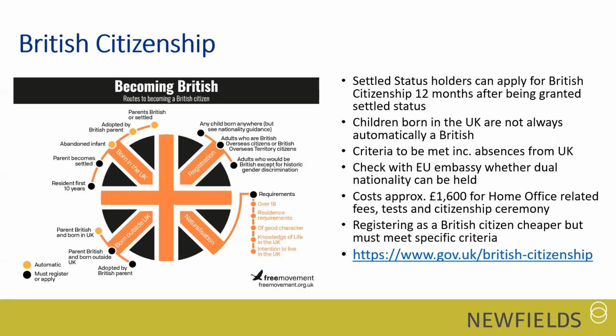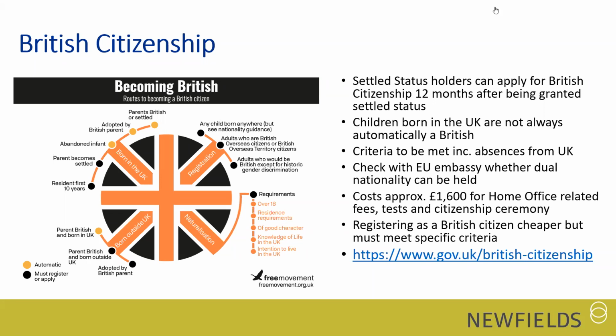I'm not going to go into detail about it today because citizenship law is very complicated and is particularly tailored to an individual's personal circumstances, but in most cases those with settled status will become eligible to apply for British citizenship if they want to 12 months after being granted settled status. It's important to remember that children born in the UK are not automatically British.